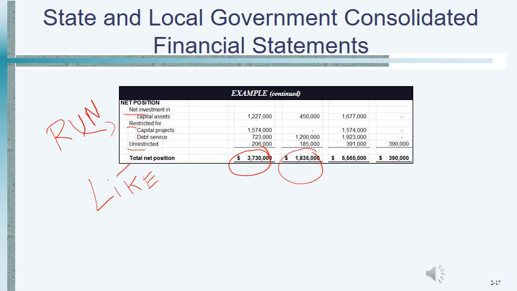And I think we had parking and water and sewer together, that we then added those 2 together and saw that that totaled this $1,835,000 reported at the government-wide level by adding up the individual enterprise funds. Remember, the statement of net position, government-wide statement, is a consolidated statement. So that's our balance sheet. We call it our statement of net position.